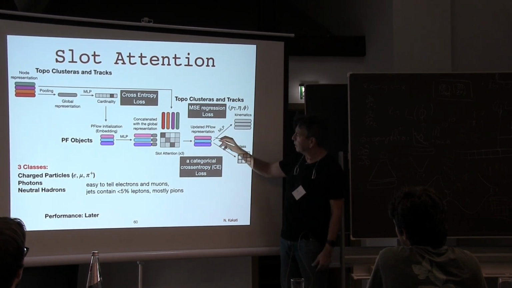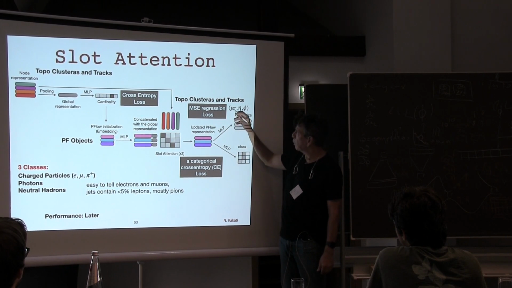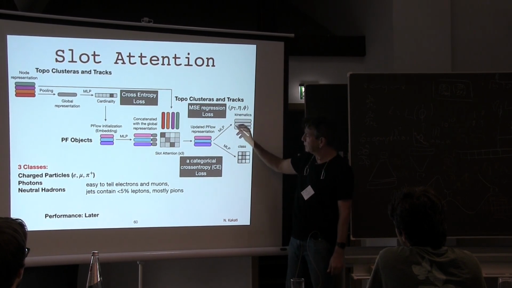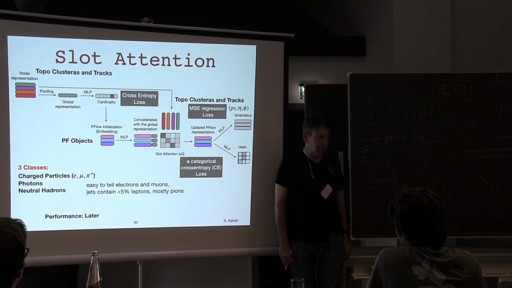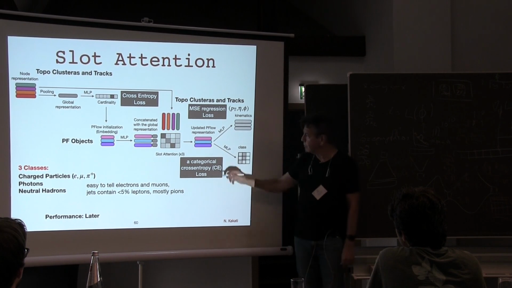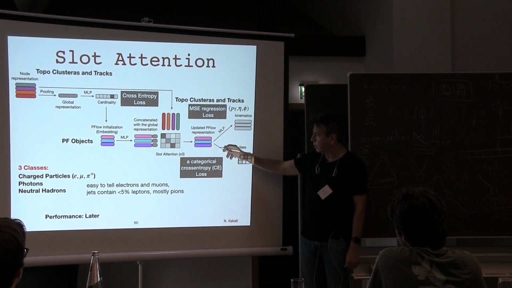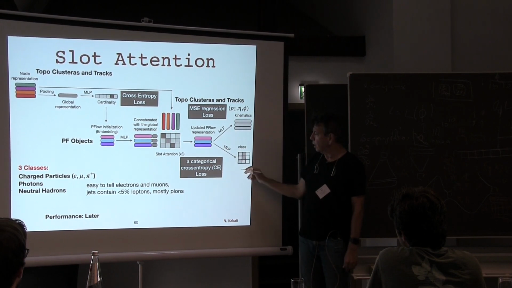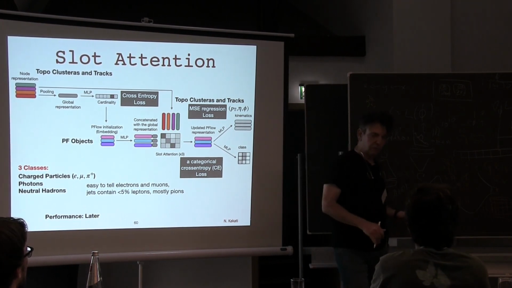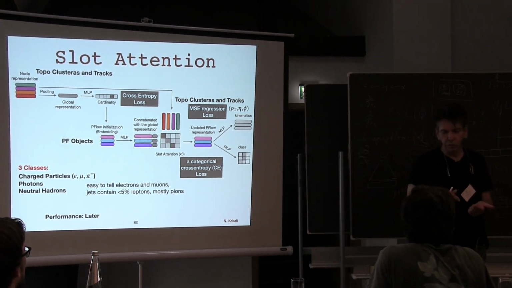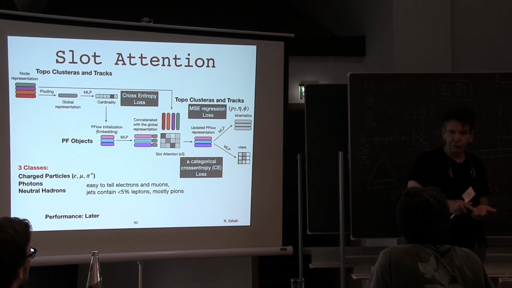One MLP will regress the properties of the object, the kinematics, pT, eta, phi, with an MSE regression loss. The other MLP will use cross entropy loss to predict the classes of the particles that come here: charged hadron, neutral hadron, or photon.